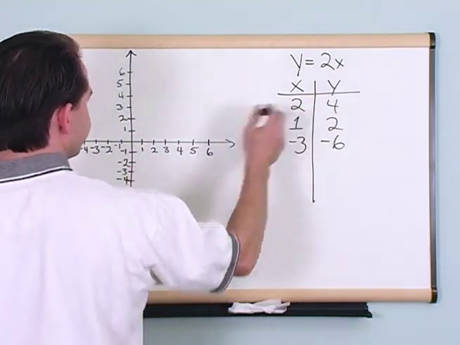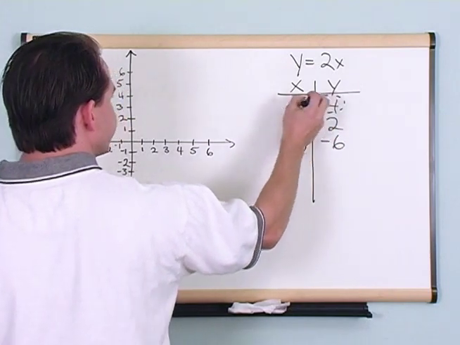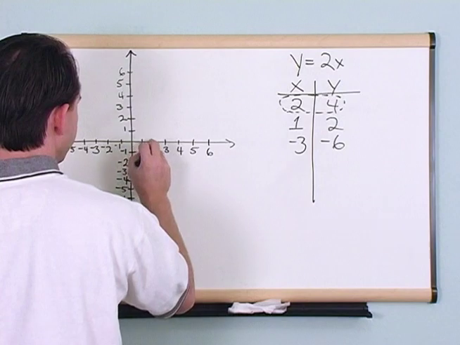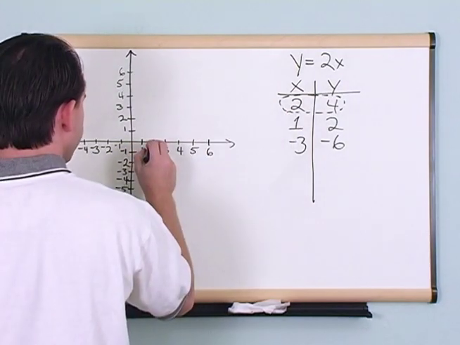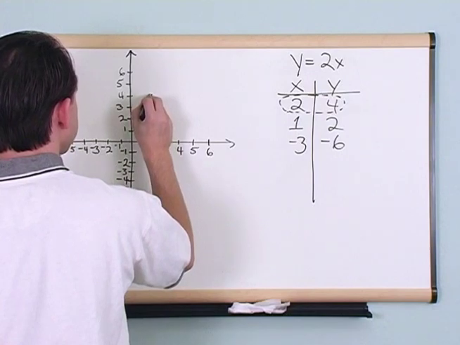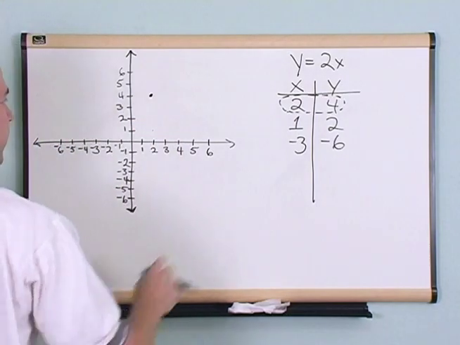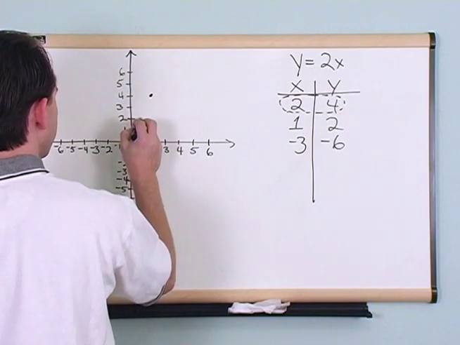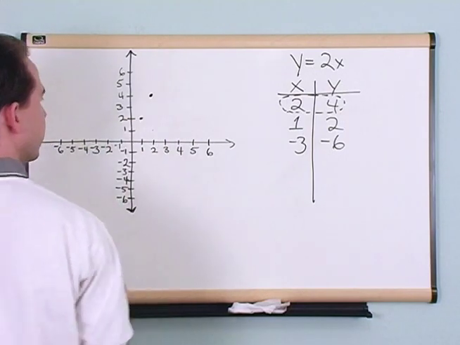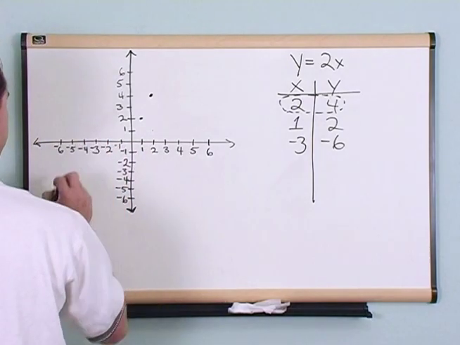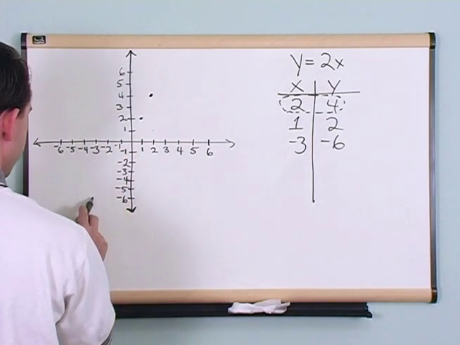So for the first one, this one right here, x is equal to 2, so I go 1, 2. Y is equal to 4, so from this point I go 1, 2, 3, 4. Here's a point right here. For this one, x is equal to 1, y is equal to 2. Go up to 2, 1, comma, 2. -3, comma, -6, -1, -2, -3, and then I'm going to go all the way down to -6.